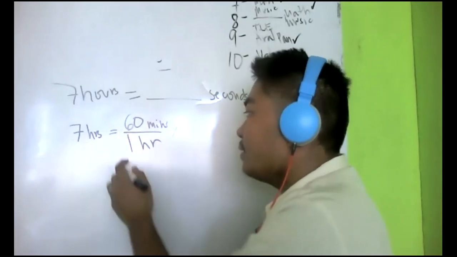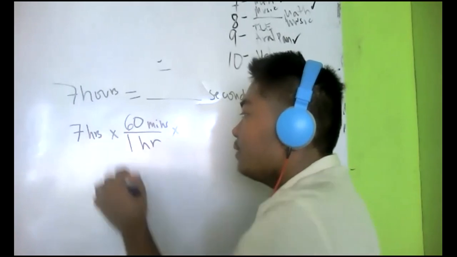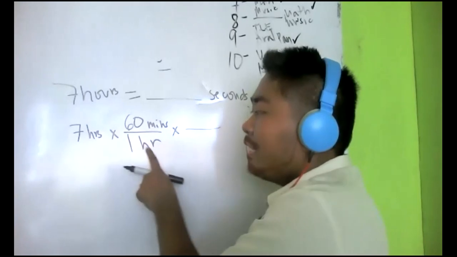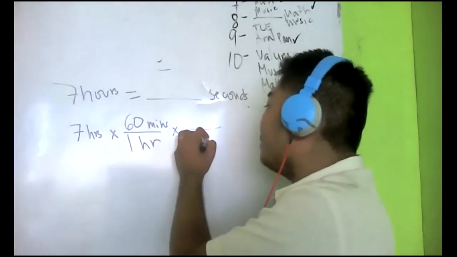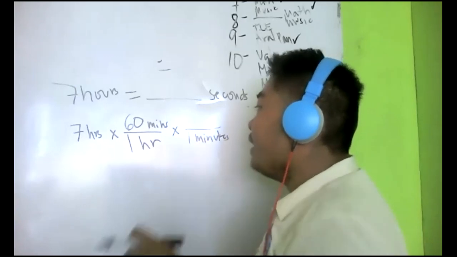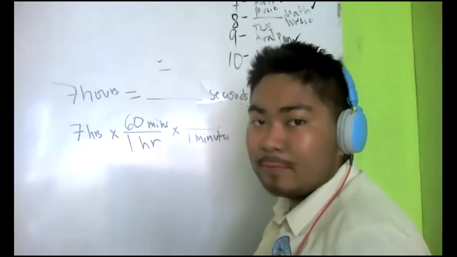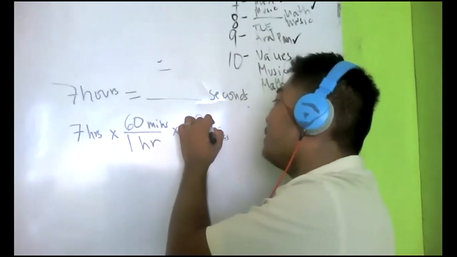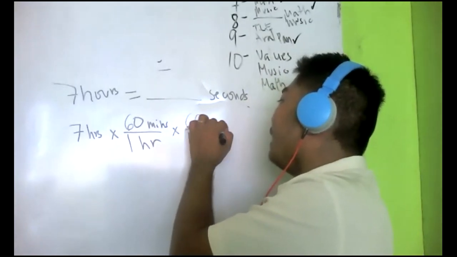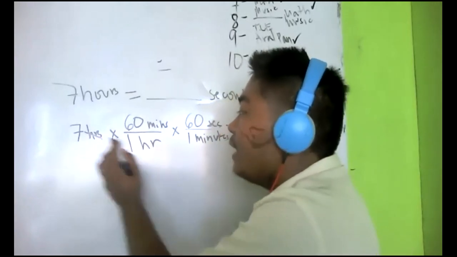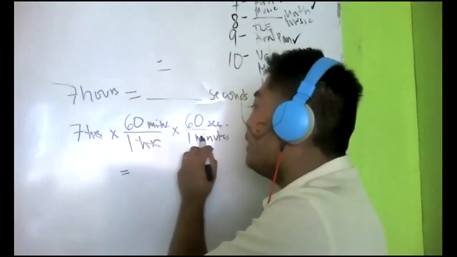Multiply. The hours went down, and now the minutes go down. So this is minutes. In 1 minute, how many seconds? 60 seconds. Now, what we will do is cancel the units of hour, cancel the minutes.